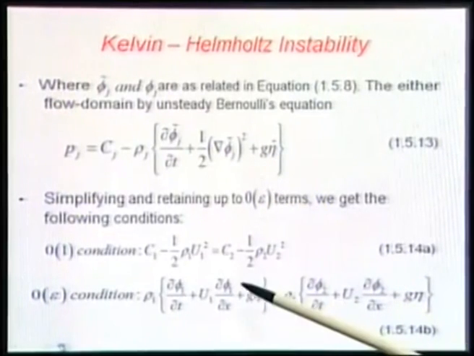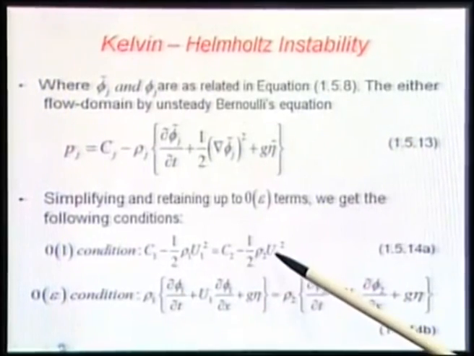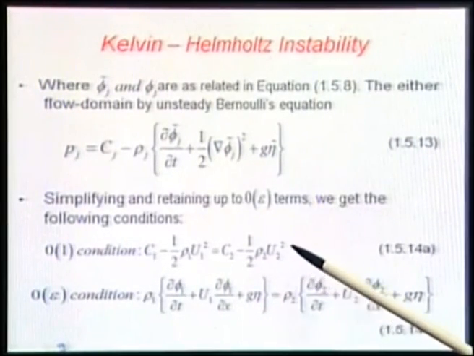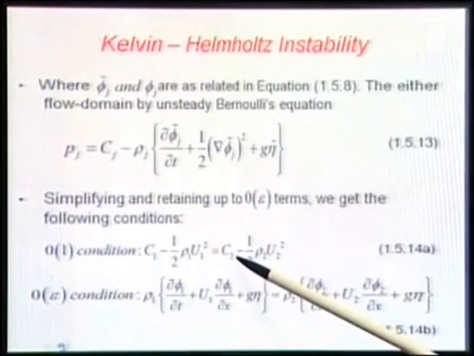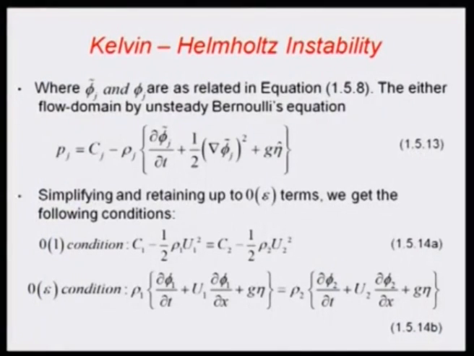It will have an order 1 term. On the lower surface, it will be half rho 1 u 1 square, and on the upper phase I will have the constant C 2 and minus half rho 2 u 2 square. Okay. Please do understand that this constant has to be different, because we are having 2 different phases, right.